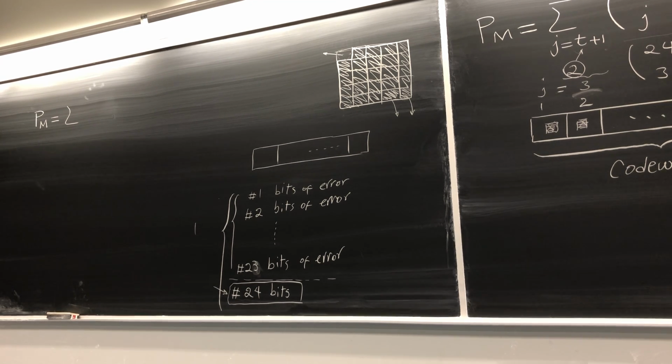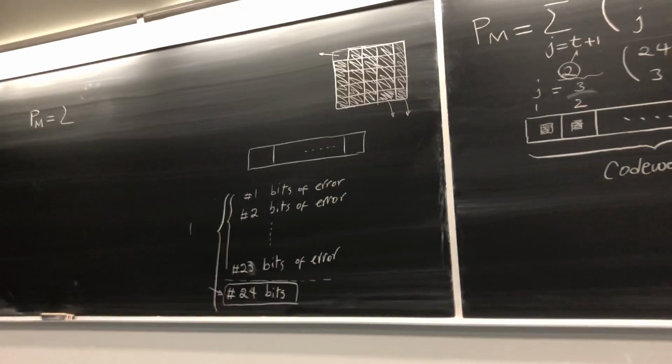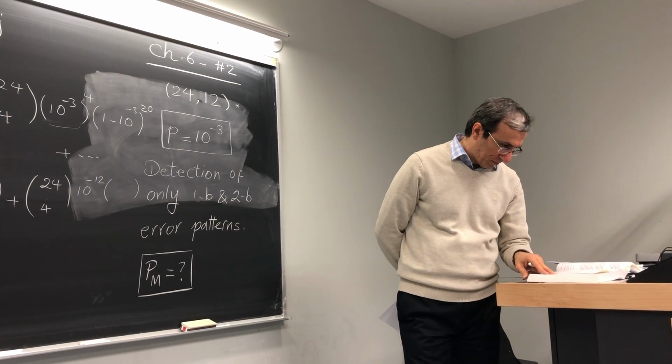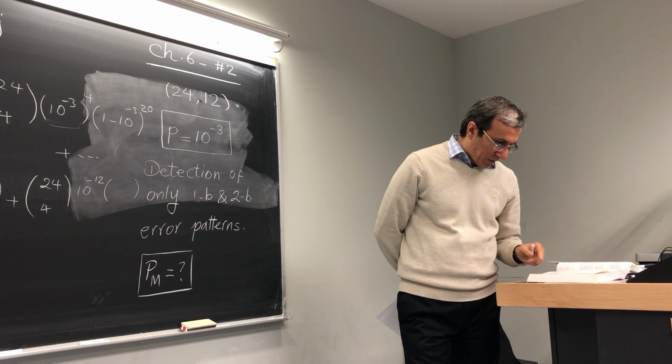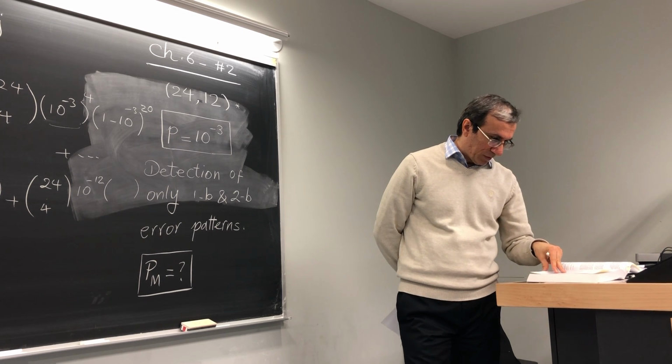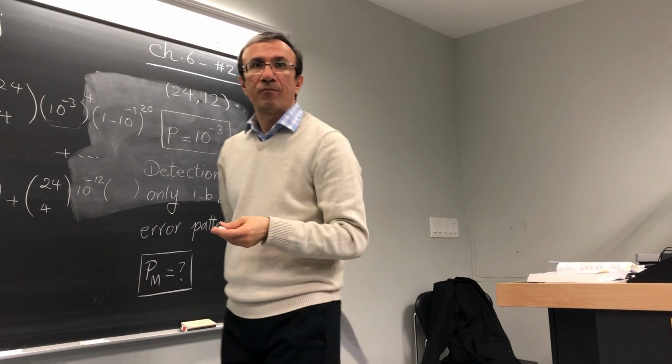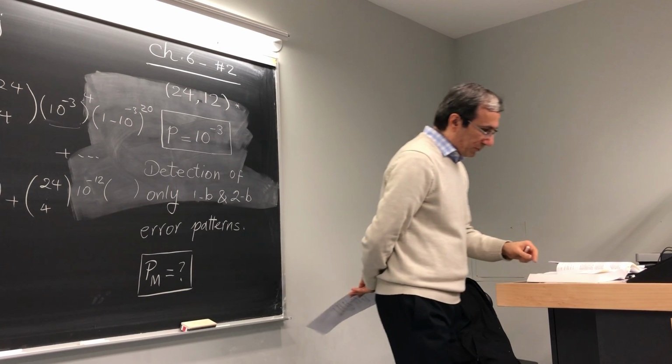Assume that coherent BPSK modulation is used and that the received Eb over N naught equals 10 dB. So the improvement in probability of message error relative to an uncoded transmission. So which problem is this? Problem number 4.